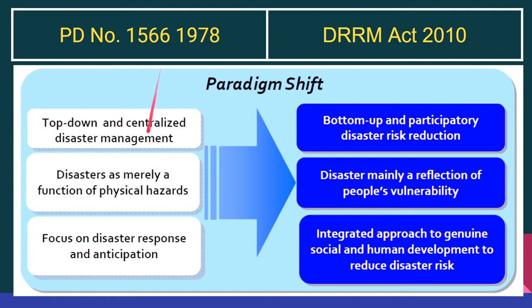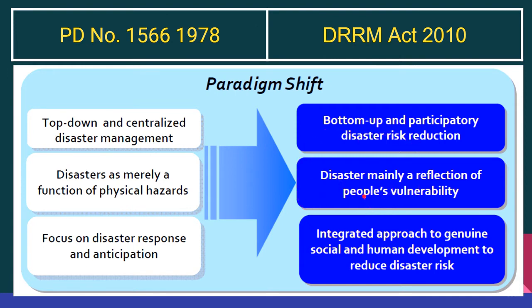PD 1566 also sees disasters as merely a function of physical hazards. Okay, so they see disasters as a result of those physical hazards, while DRRM states that disasters are mainly a reflection of the people's vulnerability. So all hazards are there.